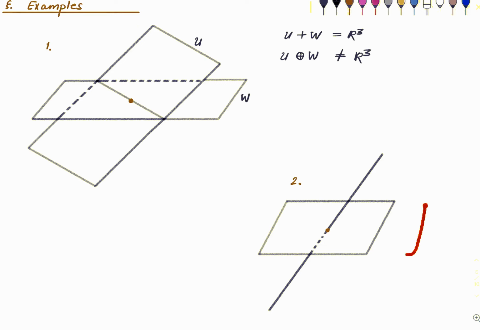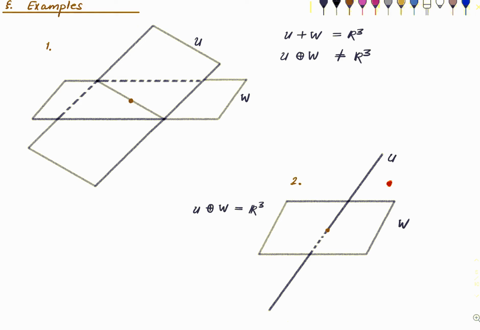However, in this example, let's say this is U and this is W. So U is this line passing through origin and W is this plane passing through origin. And here you can easily see that this is the case. So spanning is fine.